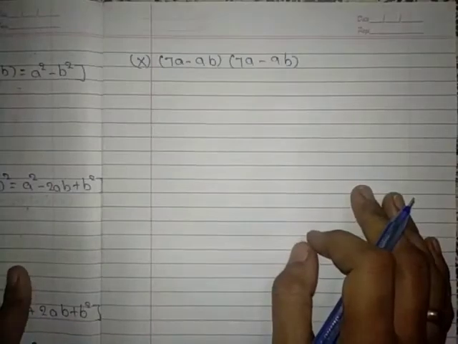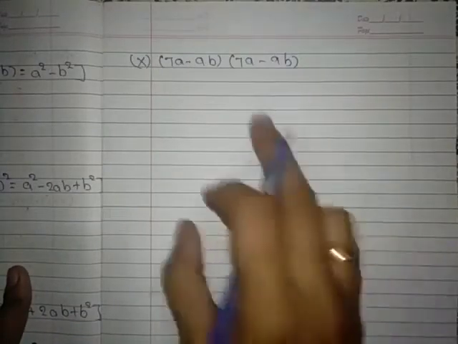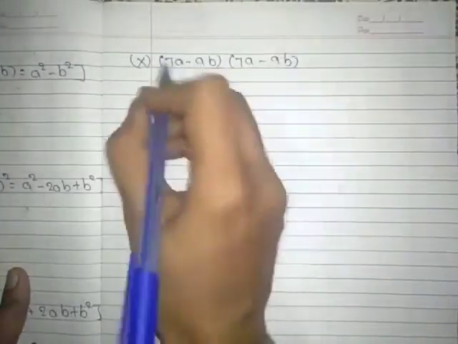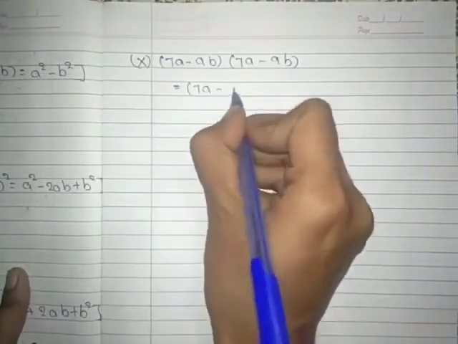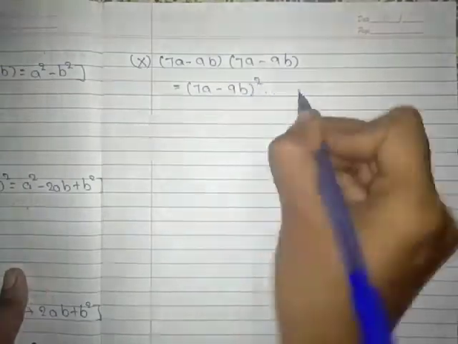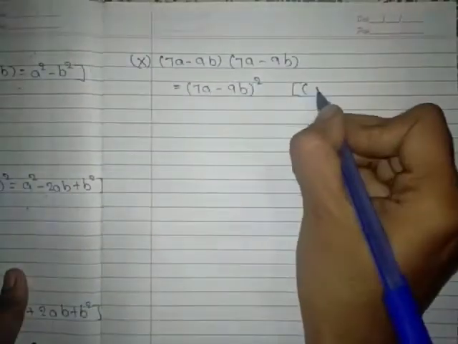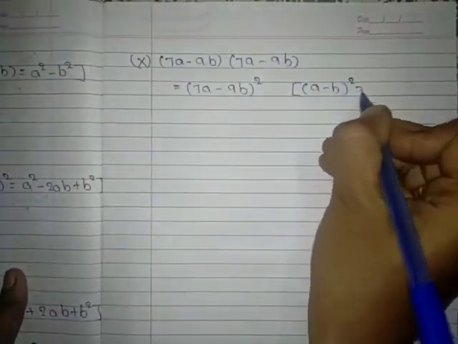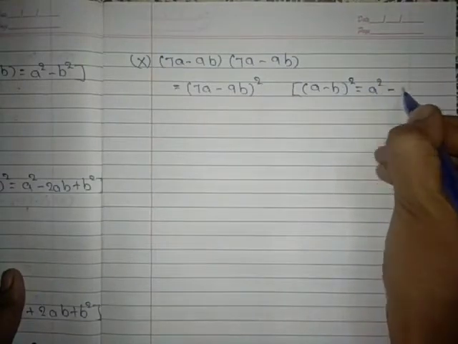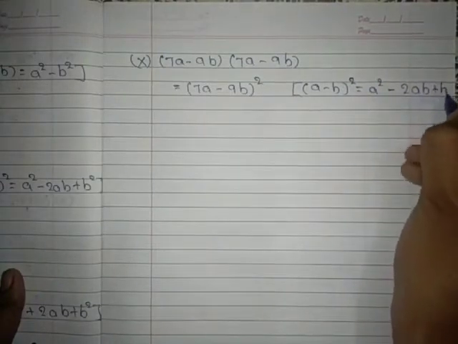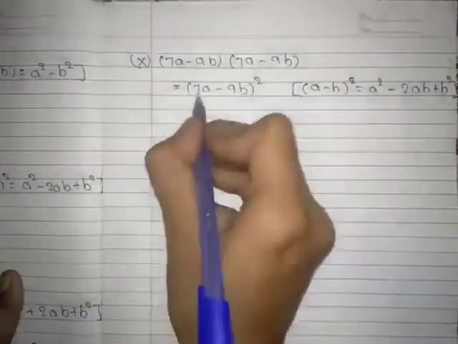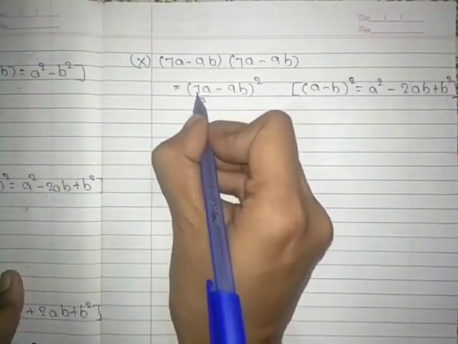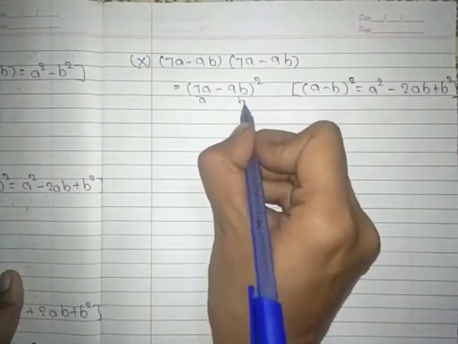10th sum, 7a minus 9b multiplied by 7a minus 9b. So this you can easily write as 7a minus 9b the whole square. Which identity can you use here? A minus b the whole square is equal to a square minus 2ab plus b square, right? So what is a here? Here a is 7a and b is 9b.